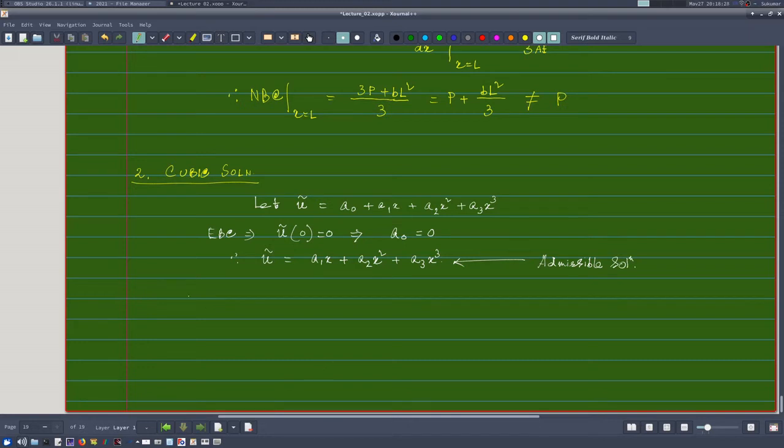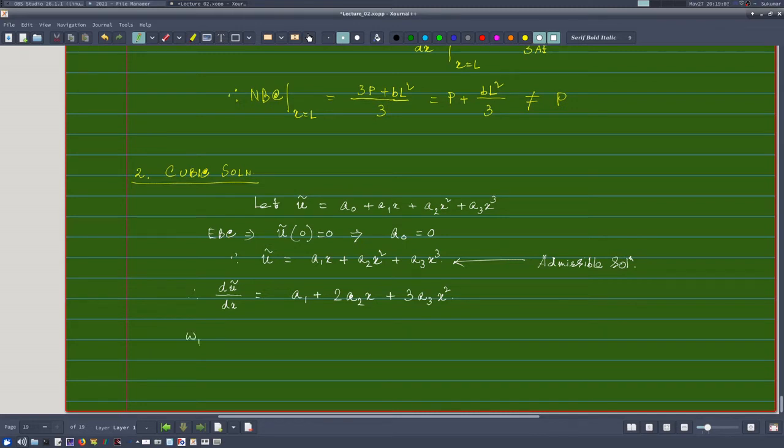Now let us find out du tilde dx, because this term is necessary in my weak form. So du tilde dx is a1 plus twice a2x plus thrice a3x square. And let us find out the weight functions.